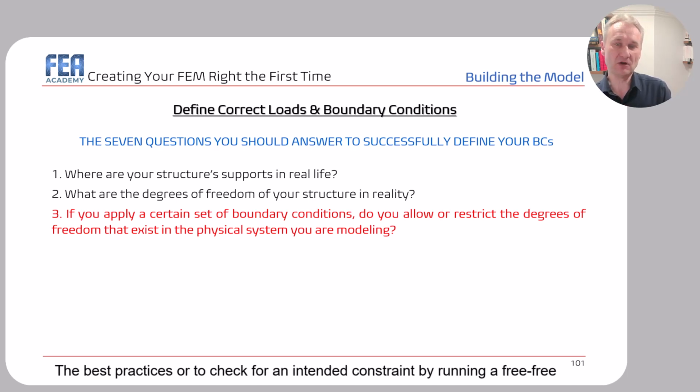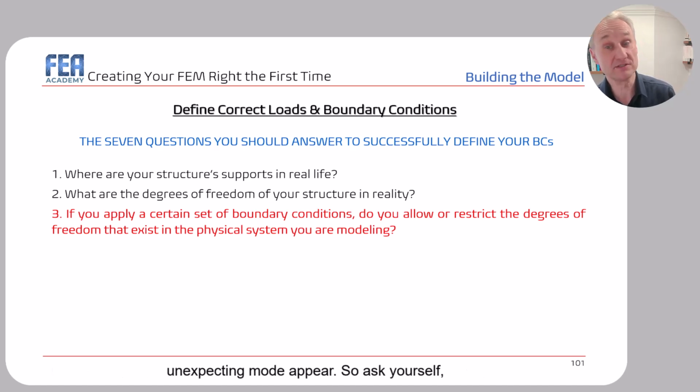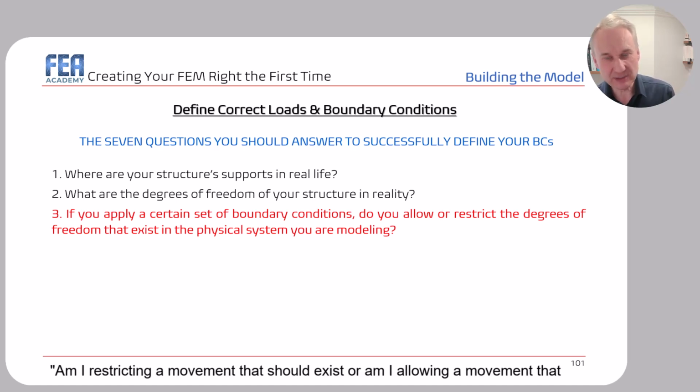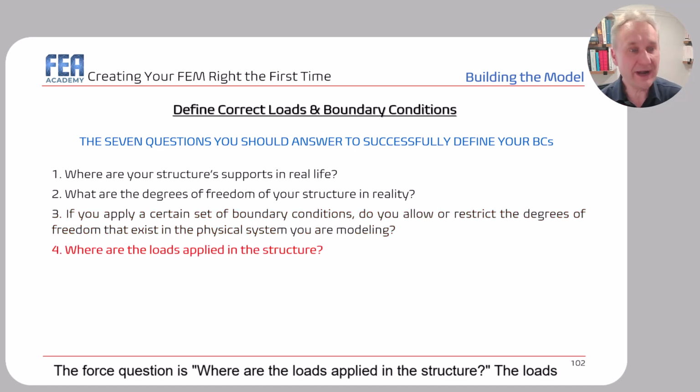The best practice is to check for unintended constraints by running a free model analysis, which I talked about in the first part of this series, to see if unexpected modes appear. So ask yourself: am I restricting a movement that should exist, or am I allowing a movement that should be constrained?